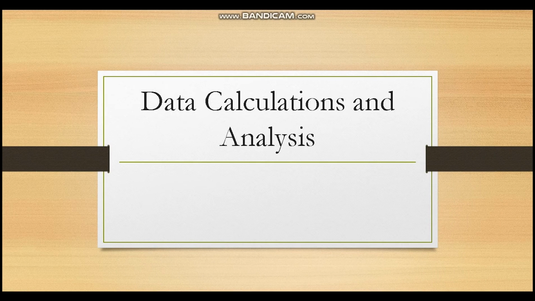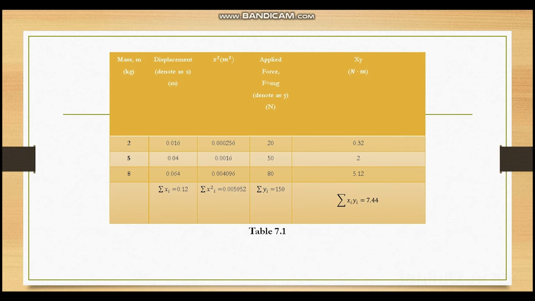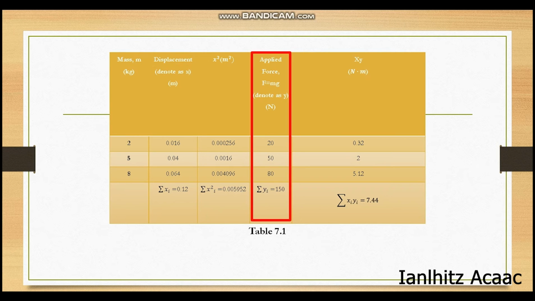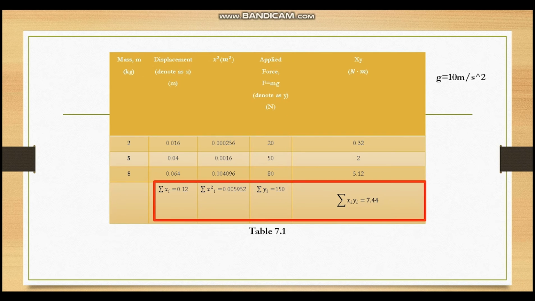So for the data, calculations, and analysis, after filling table 7.1, we calculated the applied force on the spring, which is the weight of the objects. We used 10 meters per second squared as the gravitational acceleration. Afterwards, we calculated the summation of each data, which resulted in the following.